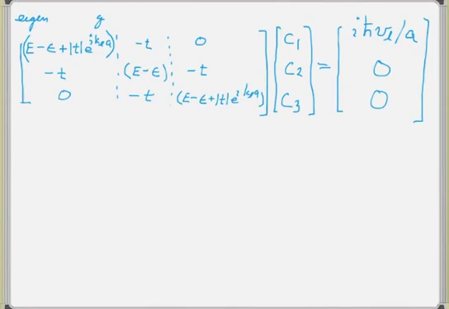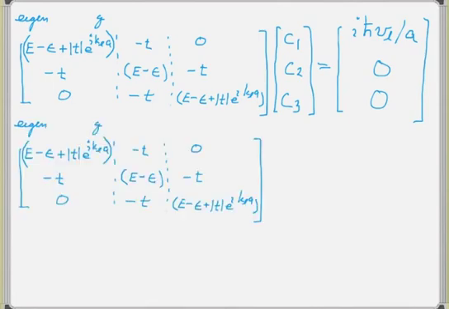And if we inject from the right contact, if we go through the same exercise, we will get the exact same 3 by 3 matrix, which people call the device Hamiltonian, multiplying the vector C1, C2, C3.